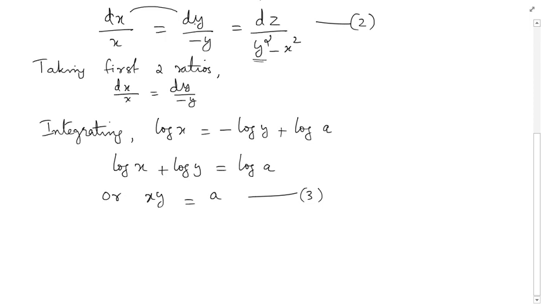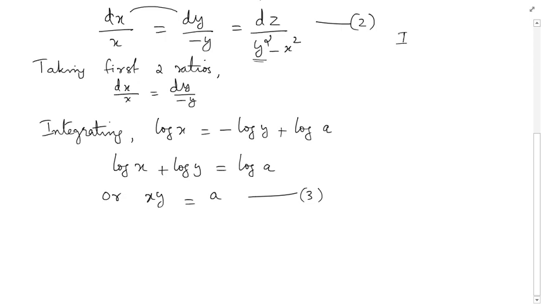And again, if you take the second and third also, this x square is there and you cannot eliminate this x square. So therefore, if possible, make use of properties from ratios and proportion.